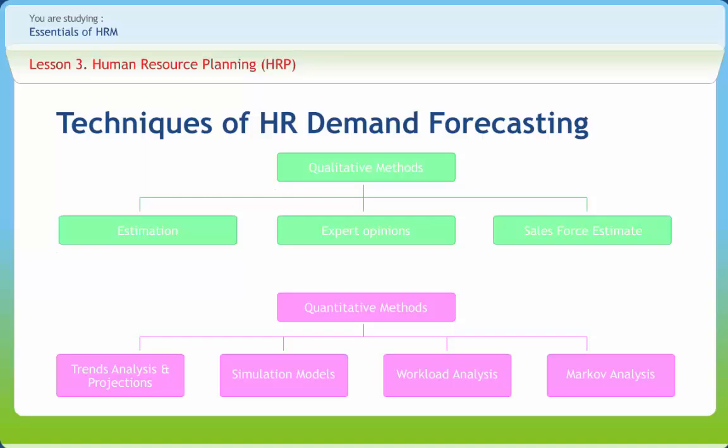Next, we move to the quantitative techniques. The first quantitative technique is trend analysis and projections. In this technique, estimates are based on past relationships between factors related to employment and employment level. The next method is using simulation models. These models use probabilities of future events like downturn in economy or higher competition to estimate future HR requirement.